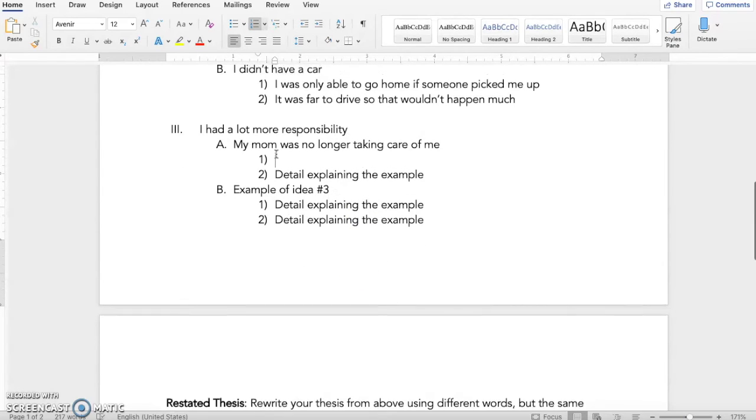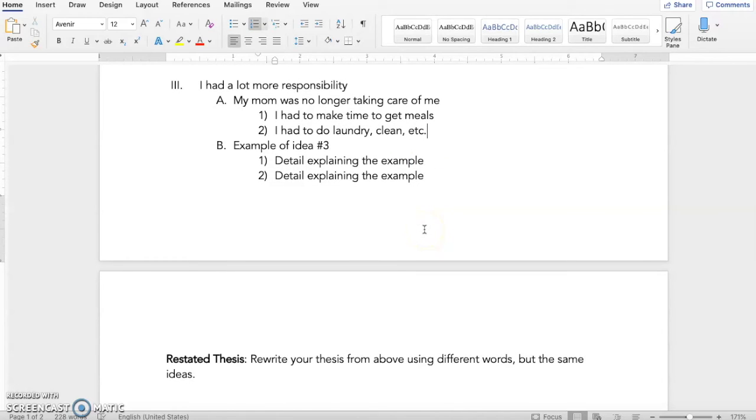But one of the details about the example of my mom no longer taking care of me is going to be that I had to make time to get meals, as well as I had to do laundry, clean, etc. If you notice here, I have etc. You're not going to write etc. in your paper, but I know that maybe when I go to write this, I'll have some more details to add in. For right now, I just want to get some of the main points down, so I don't need to go through every single responsibility that I had right when I moved to school.